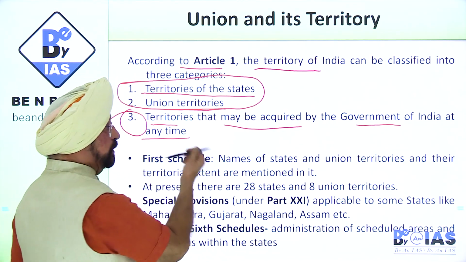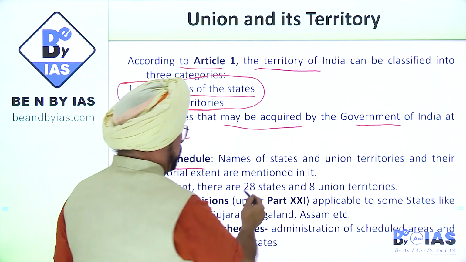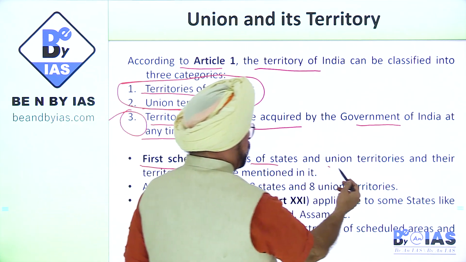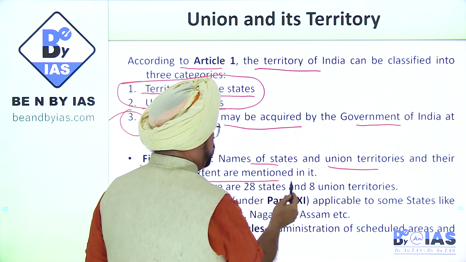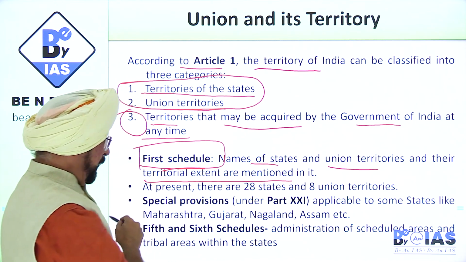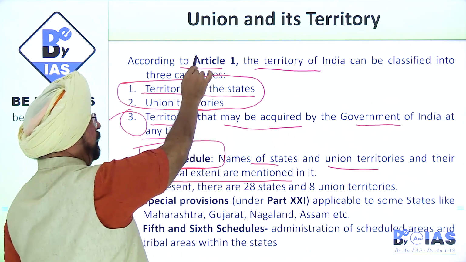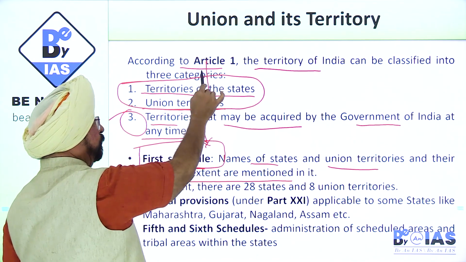So their names appear where? First schedule. The names of the states and union territories and their territorial extent are mentioned in the first schedule. Right? So you can link Article 1 with the first schedule.